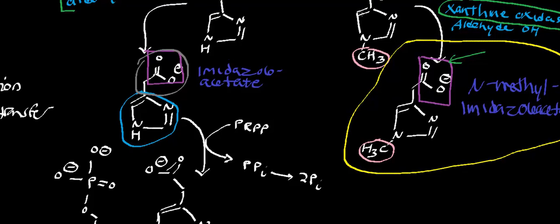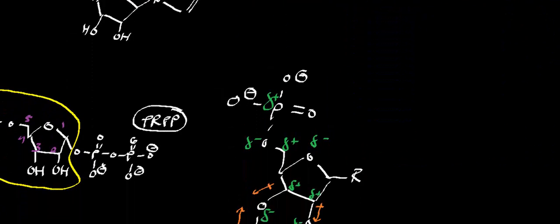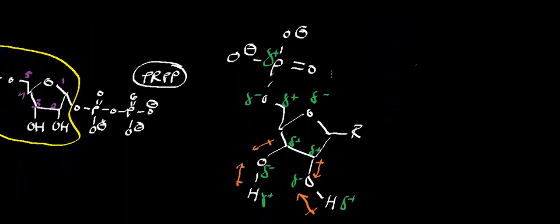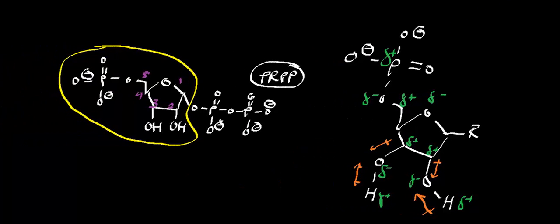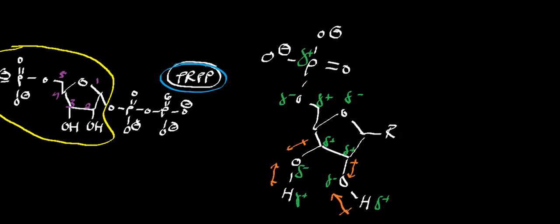This is called, first of all, I'm going to designate, this is IA, imidazole acetate. So this is going to be imidazole acetate phosphoribosyltransferase. And that's what I wanted to show you down here. For phosphoribosyltransferases, they use this guy, which is phosphoribosyl pyrophosphate, PRPP, and it transfers this group in yellow, this ribose 5-phosphate group, onto things.